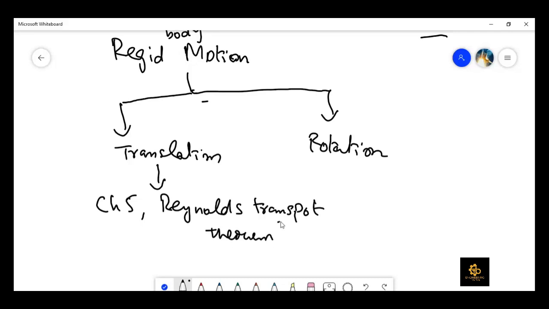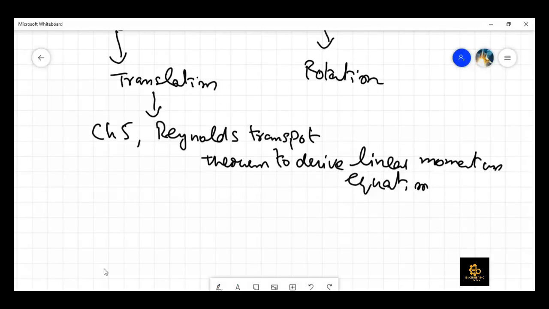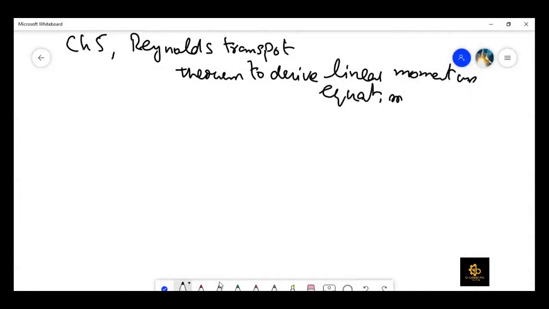to derive the linear momentum equation. Right. So just to refresh your memory, the Reynolds transport theorem was dB_system/dt.